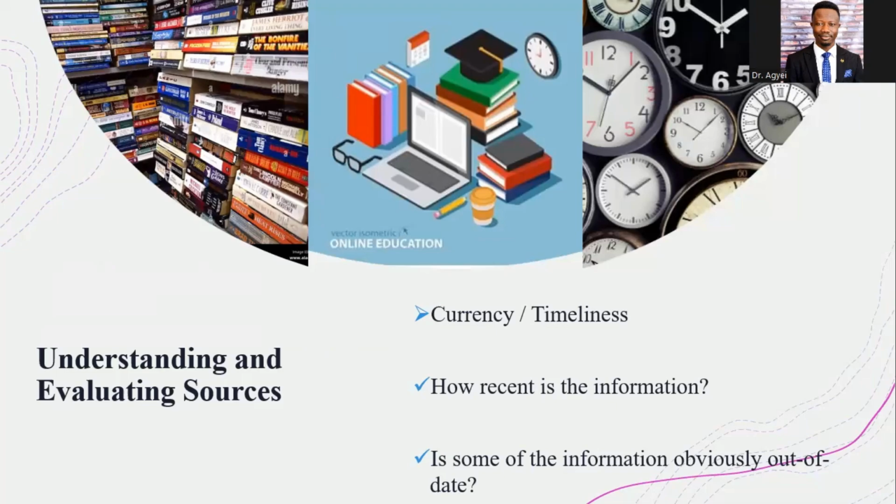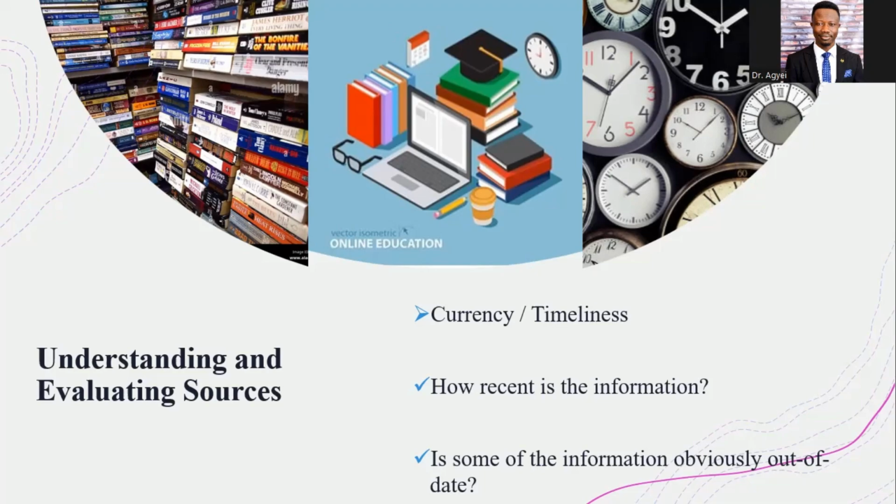And another thing is that you look at the timelines and the currency. How recent is the information? In some fields, if you are doing research, you need to ensure that you are always using current materials. For instance, for the study you want to be part of your studies, was it conducted about 10 years ago, 15 years ago, 20 years ago?